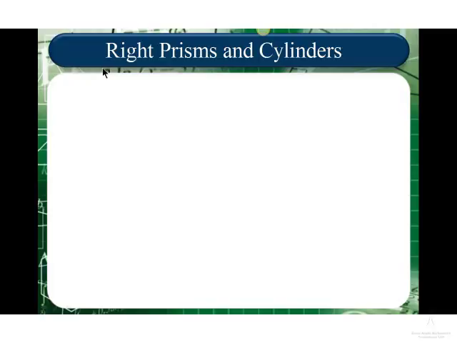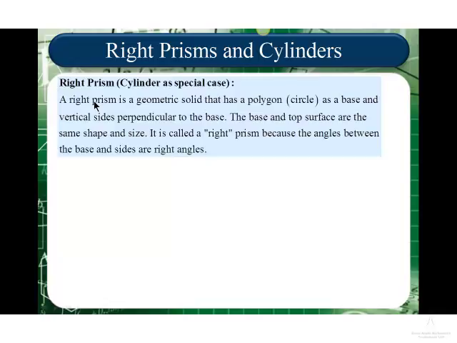In this part of the video, we will consider right prisms and cylinders. Let us start by defining a right prism, or alternatively as a special case, a cylinder. A right prism is a geometric solid that has a polygon, alternatively in the case of a cylinder, a circle as a base and the vertical sides perpendicular to the base.